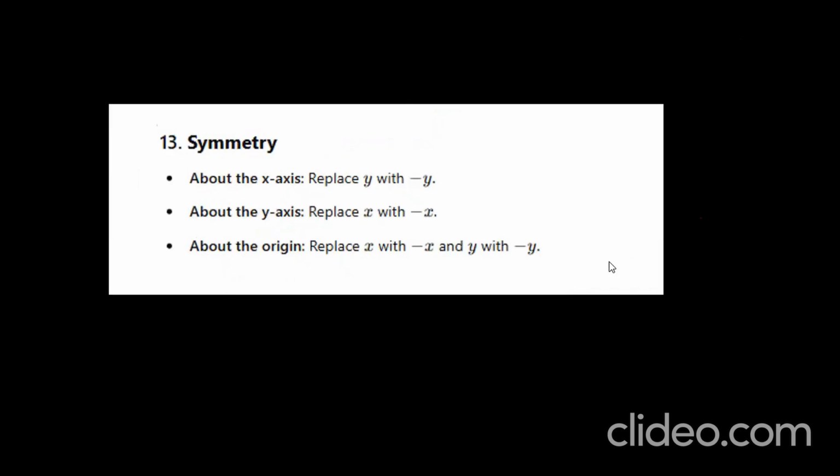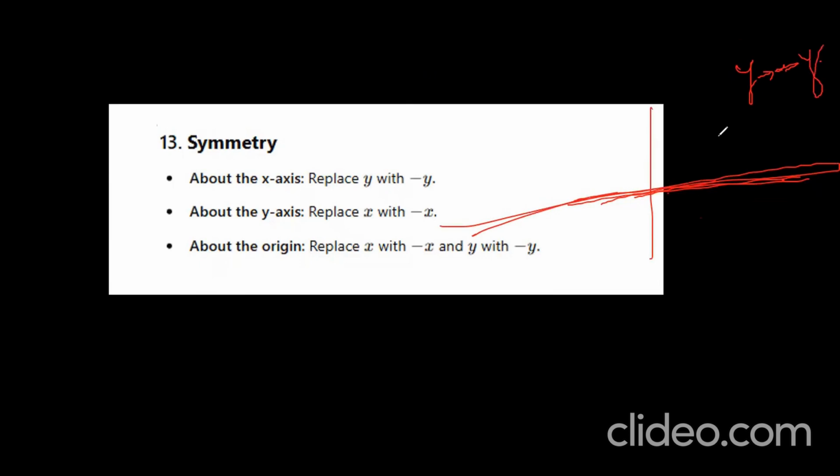Next is symmetry. This is very important. Symmetry with respect to what? About the x-axis: you replace y with minus y. About the y-axis: x can be replaced by minus x.